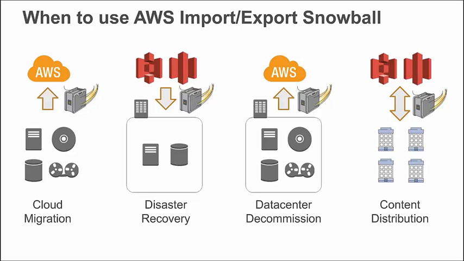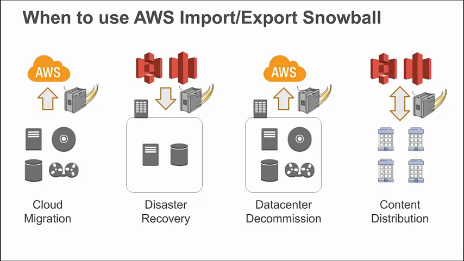And then the final one is content distribution. You can use AWS Snowball appliances if you regularly receive or need to share large amounts of data with customers or business associates. Appliances can be sent directly from AWS to your client or partner location, and that also includes locations where there's limited or no internet connectivity.